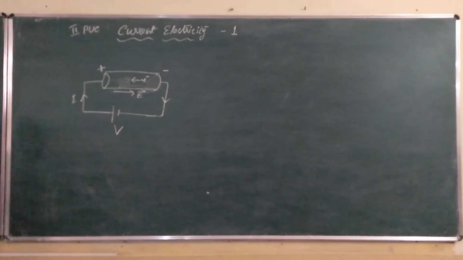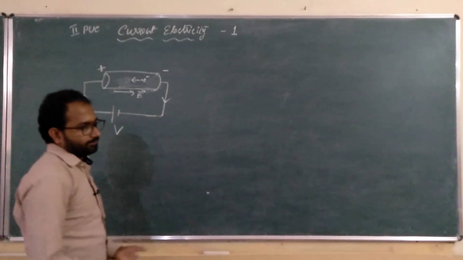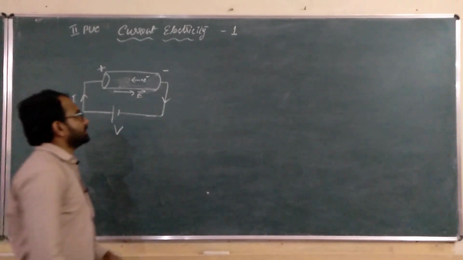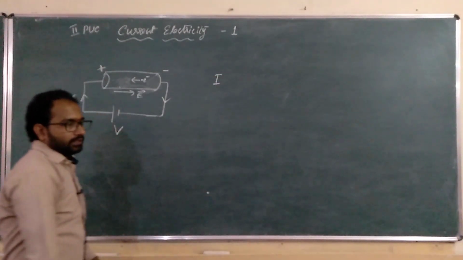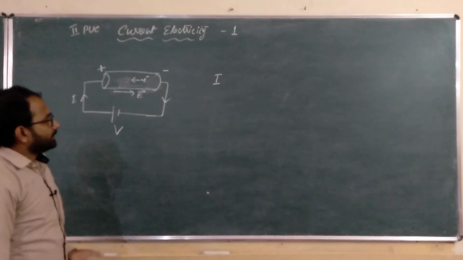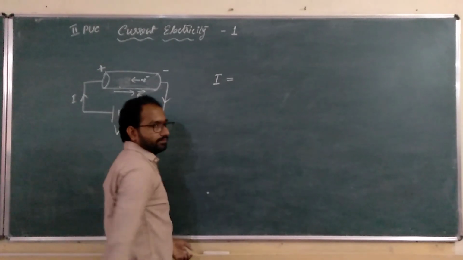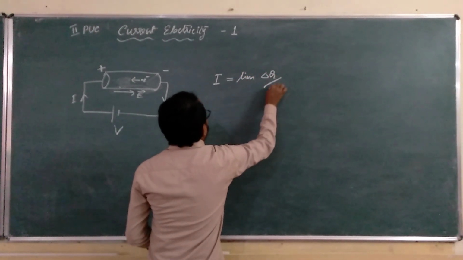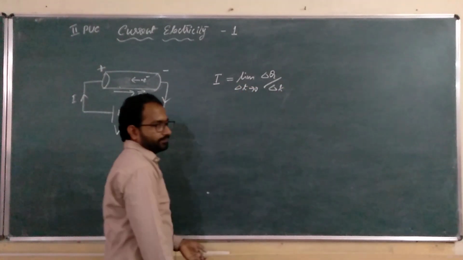If the current is varying, what is the instantaneous value of current I? If the current is varying, then current at any instant of time is given by the limit of delta q by delta t as delta t tends to 0.